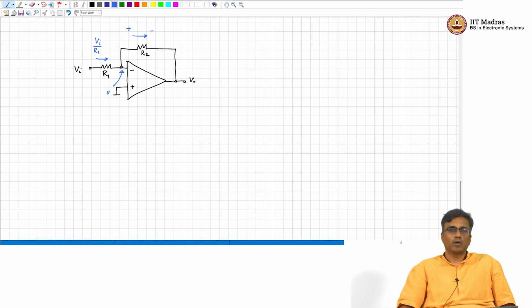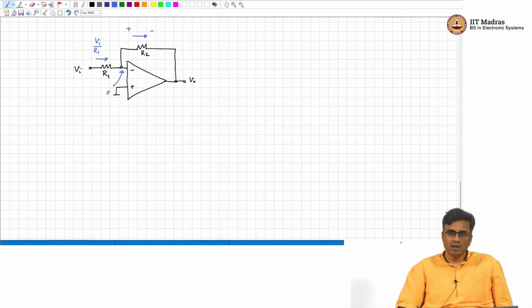All right. Now, we want to build an op amp based circuit which takes a voltage and puts out a voltage which is the integral of the input voltage, right. What is the element that integrates something and gives you a result?